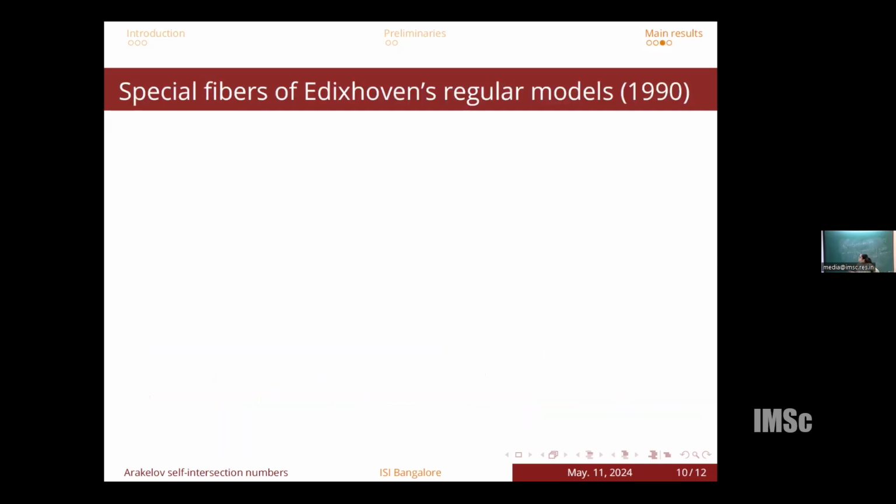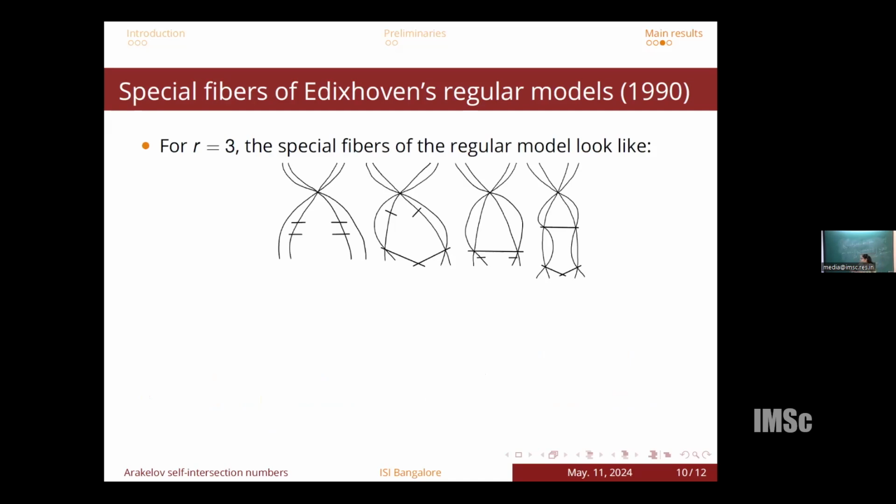Okay, so for the special fiber, these are some pictures from this paper of Edixhoven. The special fiber of the regular model of X naught of p power r. So for r equal to 3, the special fiber looks like this. This first picture is for p congruent to 1 mod 12, second is for 5 mod 12, third 7 mod 12, and 11 mod 12.